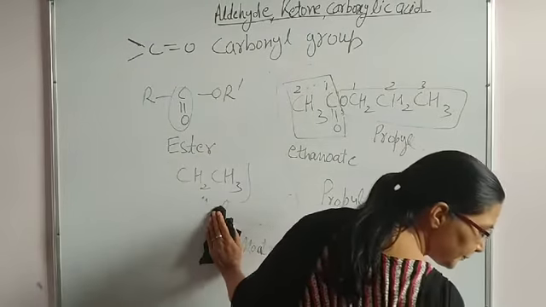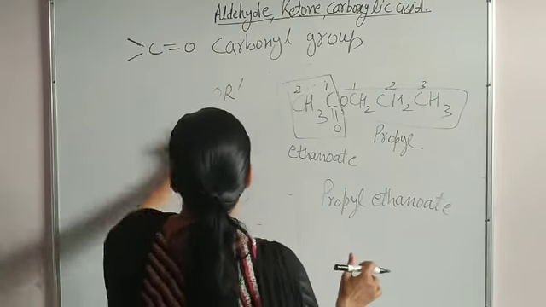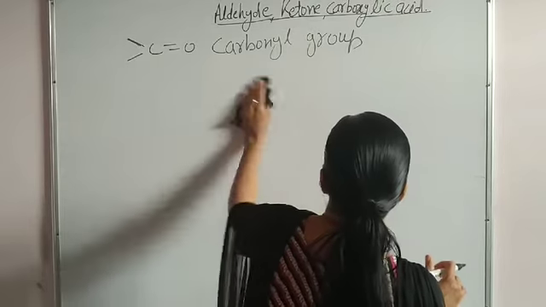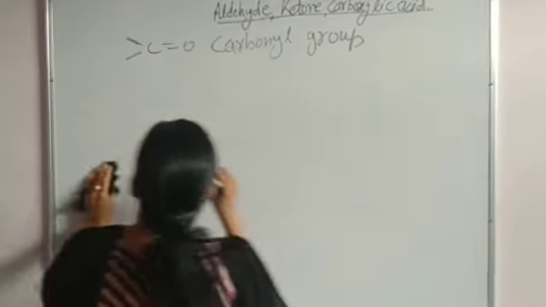Now the next and last functional group related to carbonyl halide is acid anhydride.